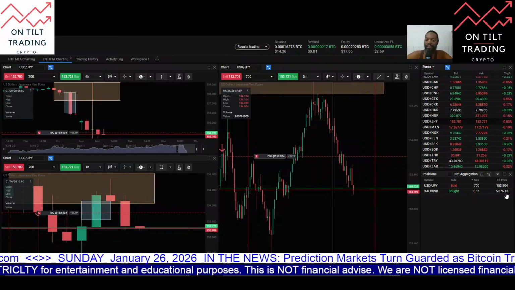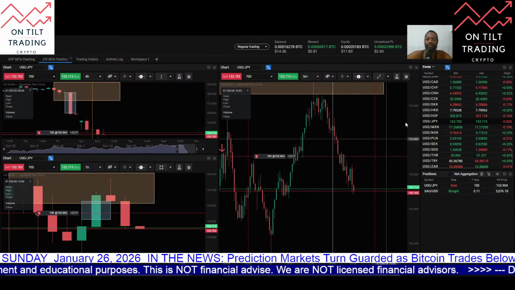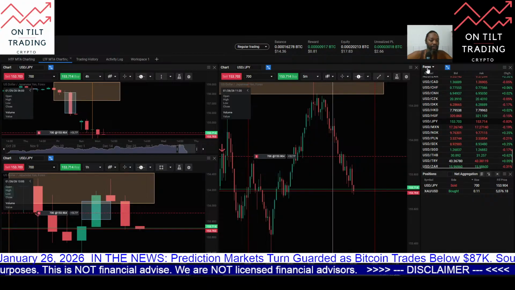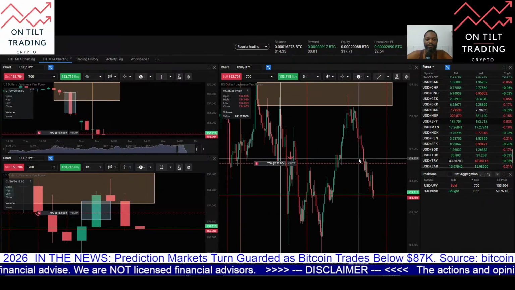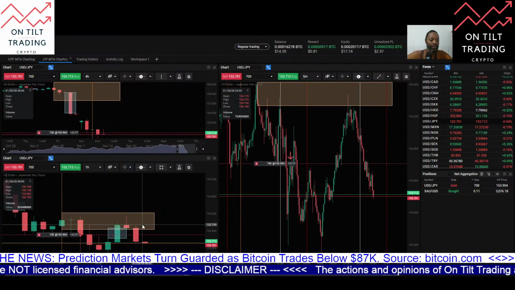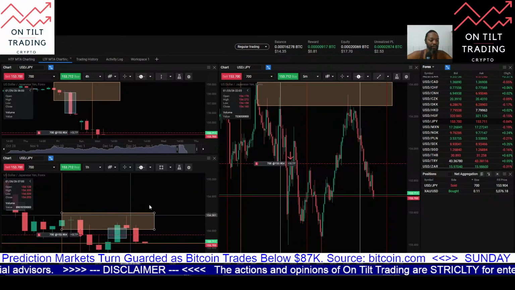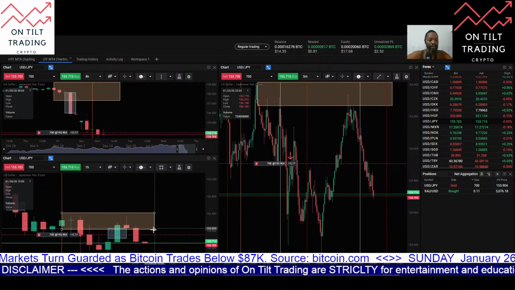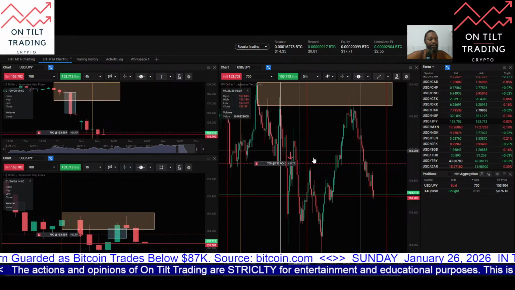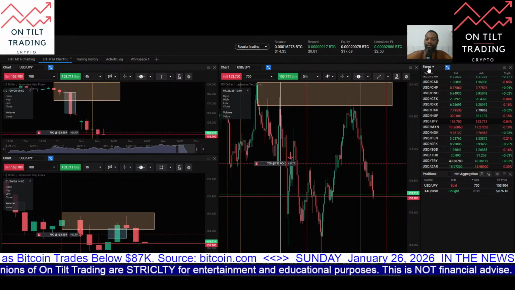So we'll see if price action continues and allows for that to form. But currently price action looking bearish here, and a potential return here to the sell side on USD JPY.